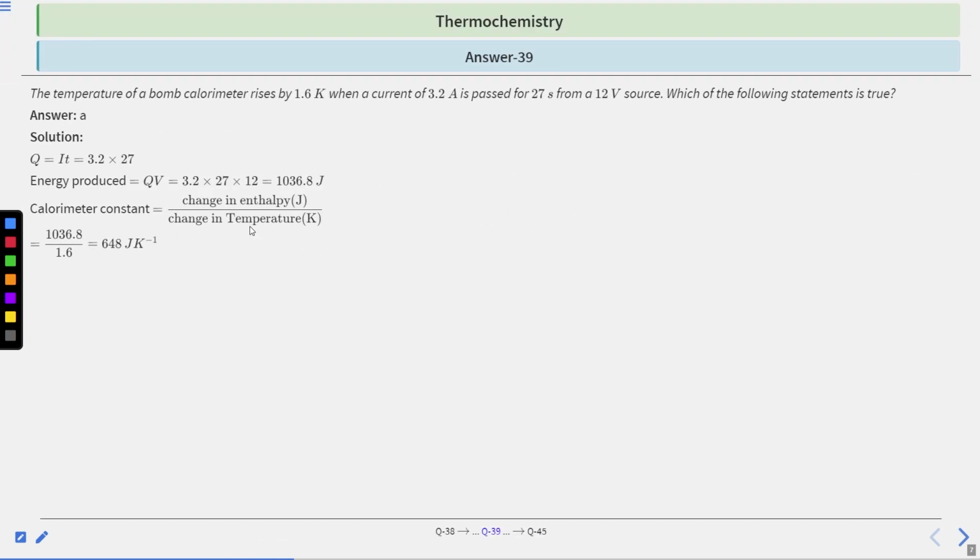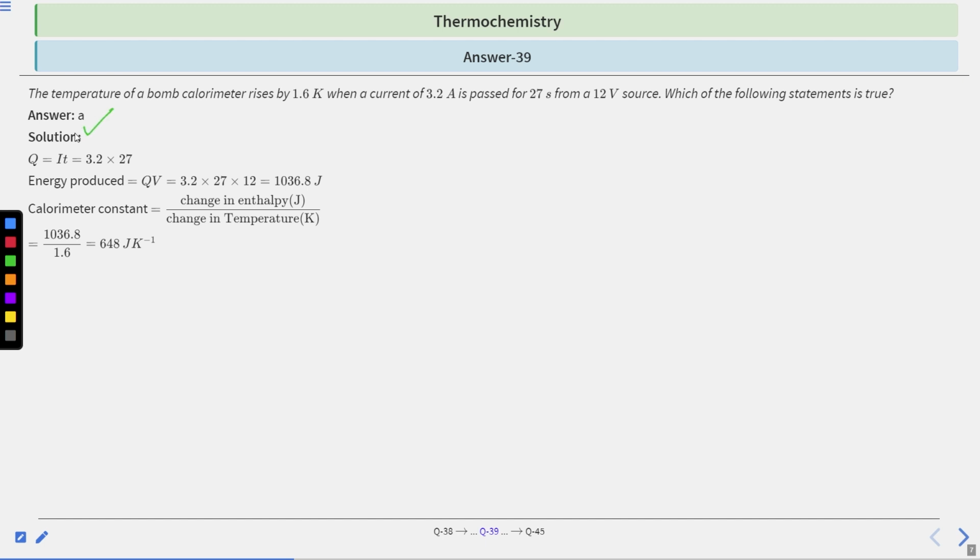Okay, so the correct answer is option A. Q, that is charge, is given by I cross T, current into time, and it will be 3.2 multiplied by 27, and energy produced is equal to Q into voltage, so it will be 3.2 multiplied by 27 multiplied by 12, coming out as 1036.8 joule.